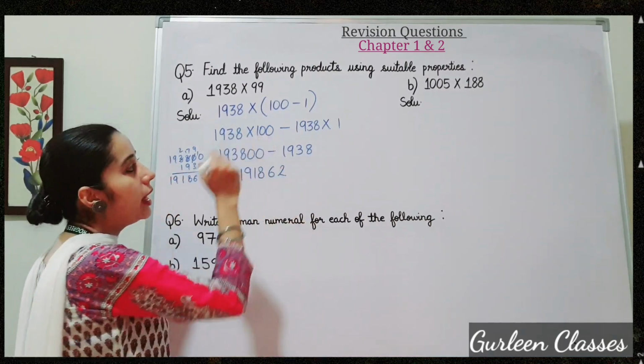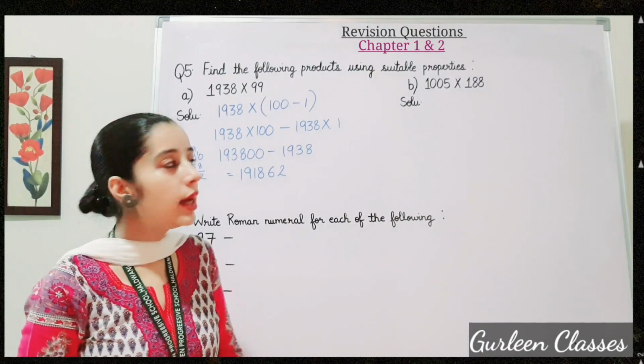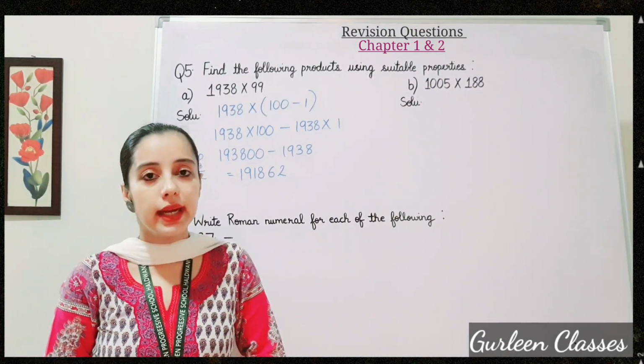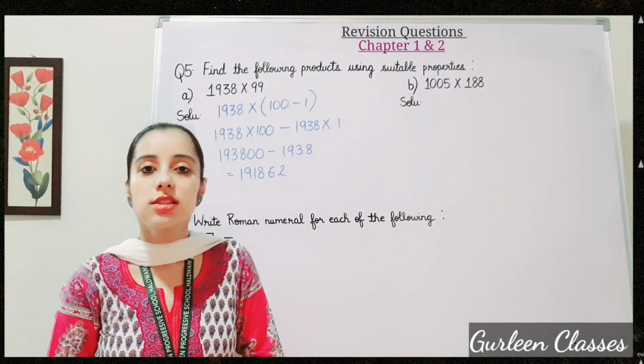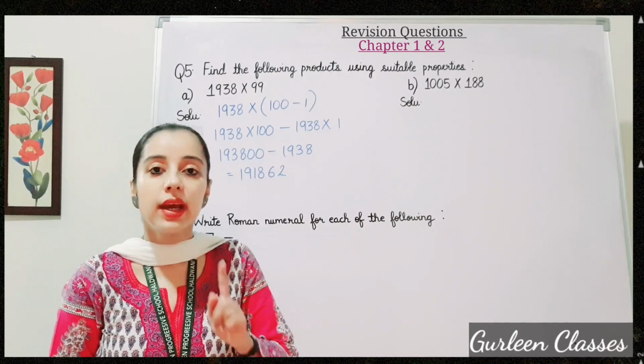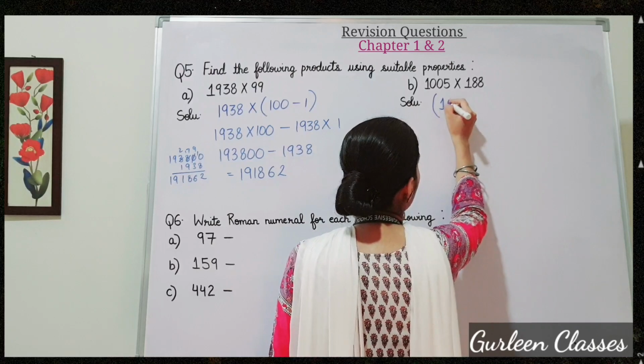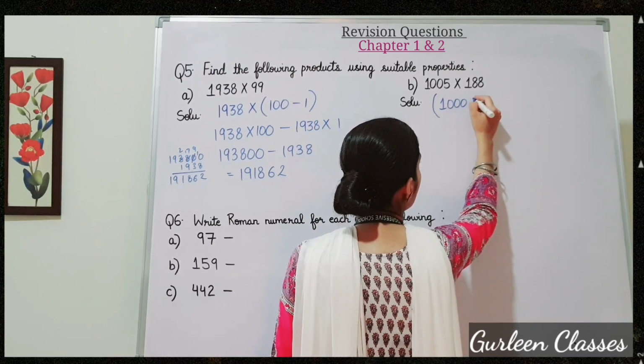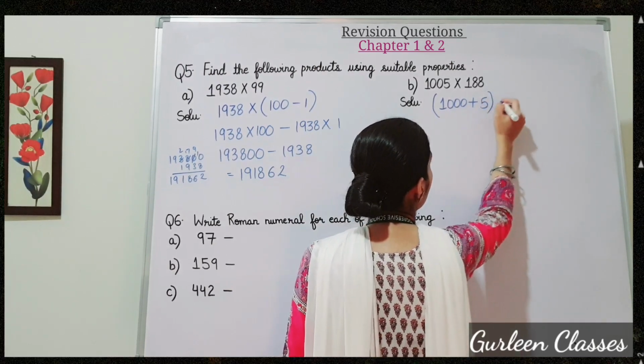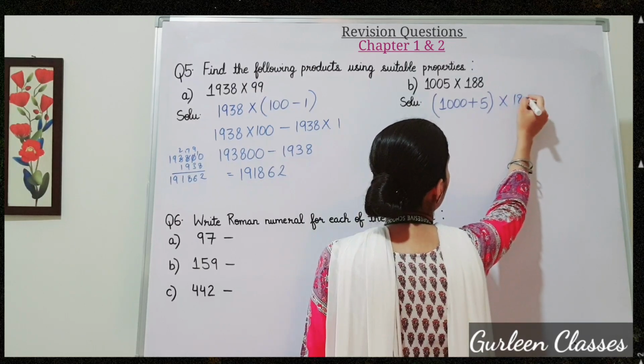Answer is 191862. Now B bar 1005 into 188. This question can be done by distributive property over addition. Why? Because 1005 can be break as 1000 plus 5 into 188.